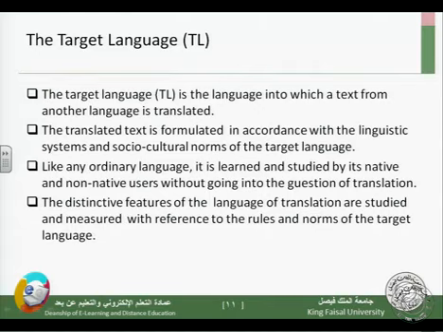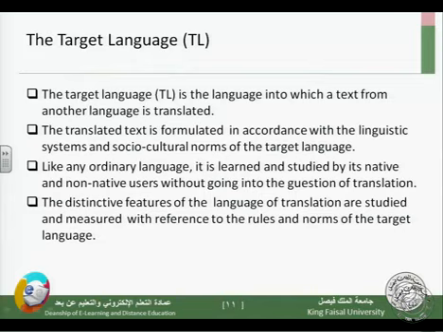By now you should have knowledge of them. The source language, the source text, the translator, the translated text, the language of translation, and last but not least, the target language.